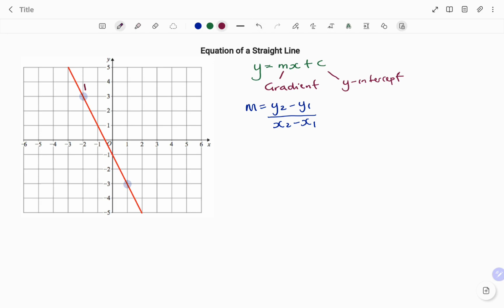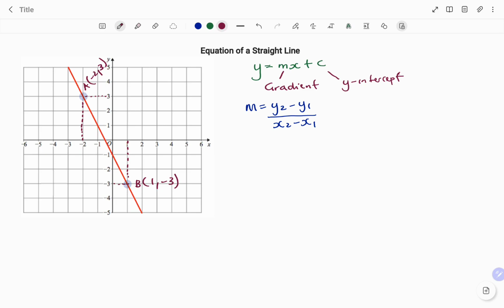I have point A. The coordinate of my point A is, if I trace it down to my x values, that's -2, and my y value, +3. My point B, if I trace it to my x-axis, that's 1, and to my y, I have -3.